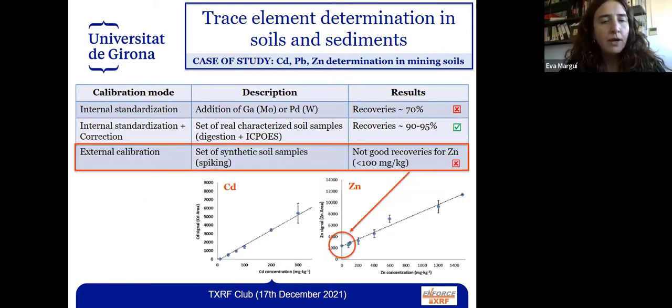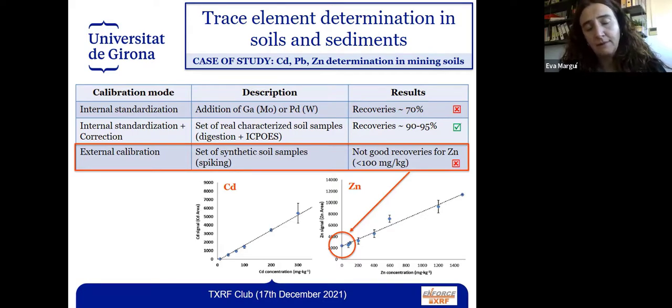Finally, we also evaluated the use of an external calibration using a set of synthetic soil samples. In this case, we picked an uncontaminated soil sample, and we added different amounts of the analytes of interest.